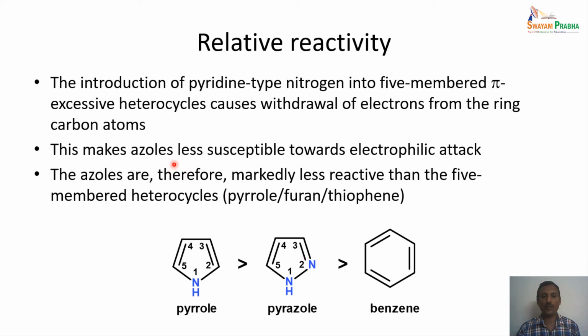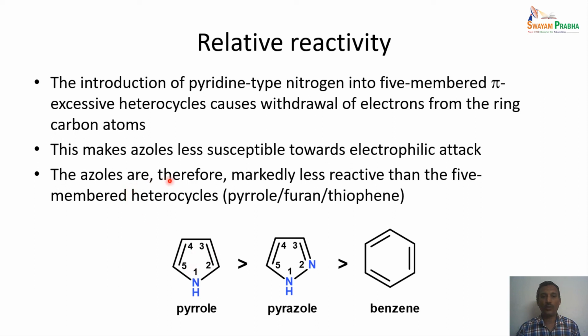So this makes azoles less susceptible towards electrophilic attack, because electrons are already removed by this nitrogen, so the ring becomes electron deficient. Another electron-deficient electrophile cannot attack the pyrazole very readily. So that is the reason the electrophilic reactions of pyrazoles are comparatively less than for the pyrrole moiety.